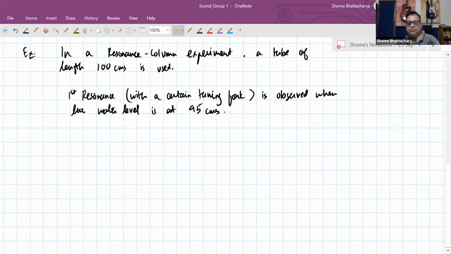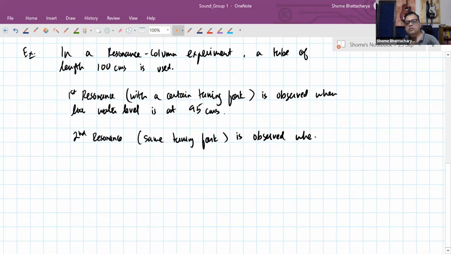Okay. The second resonance with the same tuning fork is observed when the level, oh sorry, the level is not at 95, it is at 5.